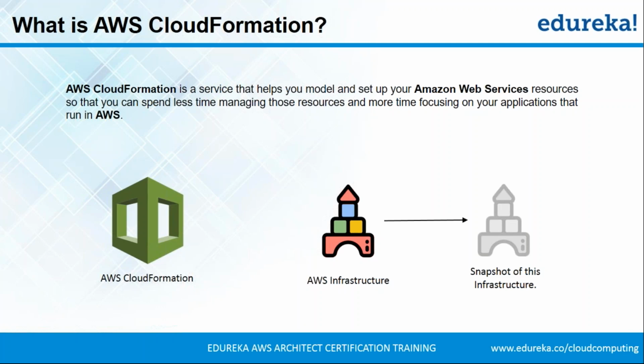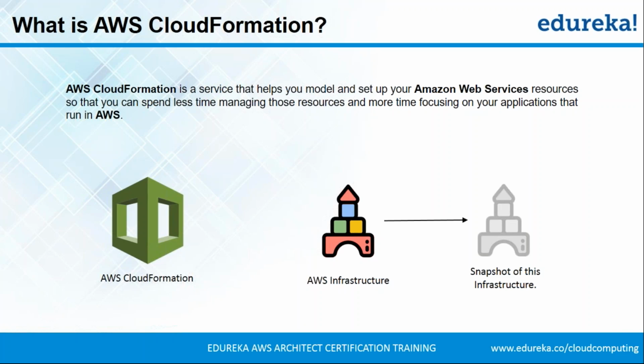Say, for example, you have a use case wherein you want your application in multiple regions for backup purposes. If you want that, you won't be creating each and every resource one by one in each of the regions. What you can do is create it at one place in CloudFormation, have that template in your hand and deploy that template in the other regions as well.